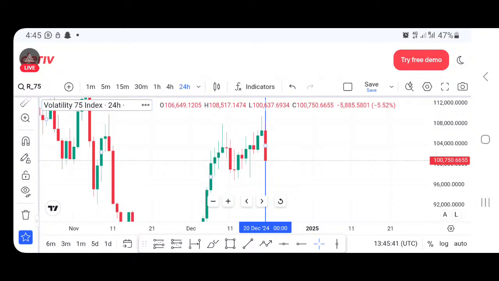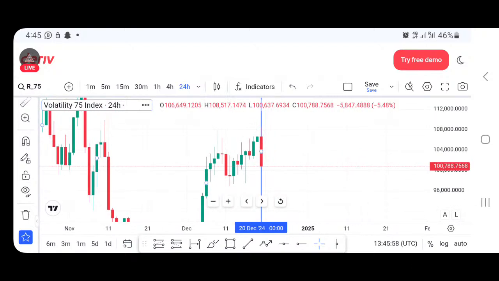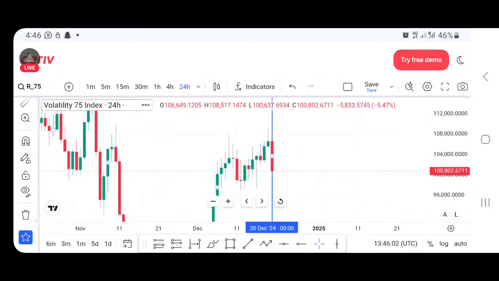At 8 you open your chart, you see whether it is green or it is red. You just use your vertical line, mark at the daily. That vertical line will help you to separate where the daily closed and where the daily starts from. So you will come back at exactly 9 a.m. in the morning. Are you getting the point?